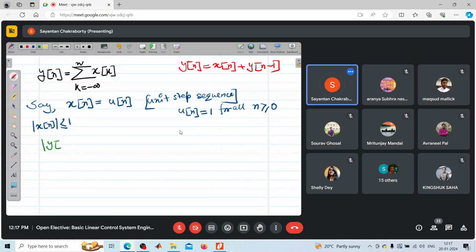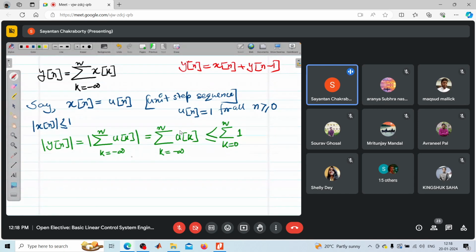So take the mod of y[n], so it will be the mod of the sum from k equal to minus infinity to n of x[k], which can be written now as u[k]. Since u[k] is always greater than zero, the mod goes out, so the sum from k equal to minus infinity to n of u[k], and that is less than or equal to, right, because u[n] is bounded by 1 for all n greater than or equal to 0.